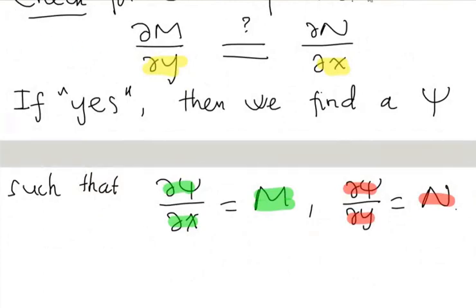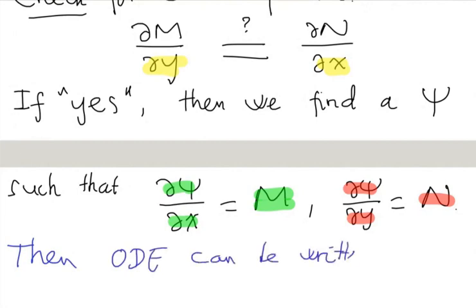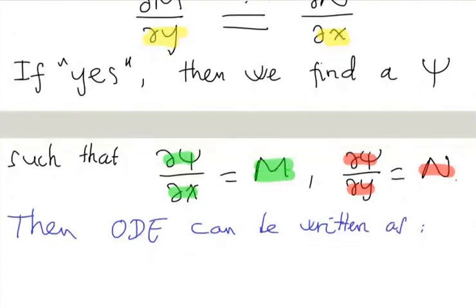Once we have found the function psi, which is called the potential function, then the ODE can be written as a total differential d psi equal to 0.